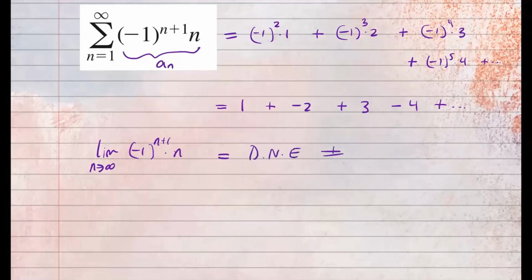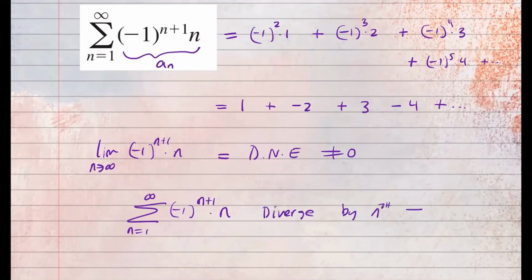So it's not equal to 0, which means that our series from n starting from 1 to infinity of negative 1 to the n plus 1 times n is going to diverge by the nth term divergence test. So by this test, because the limit failed to exist, we can conclude the series will diverge.